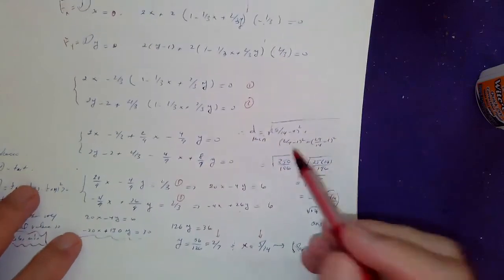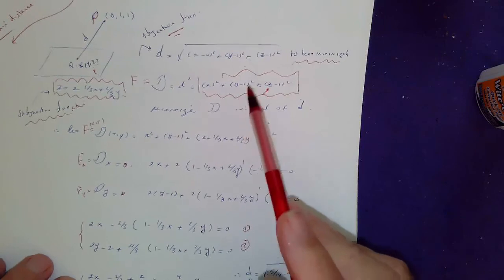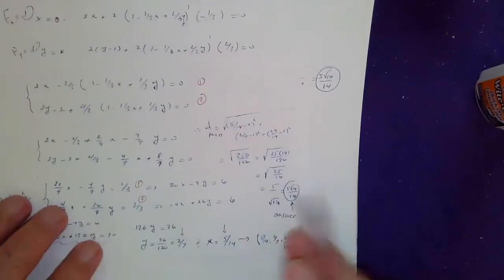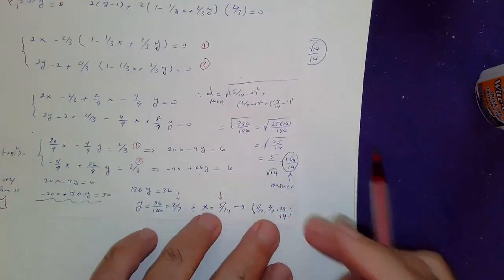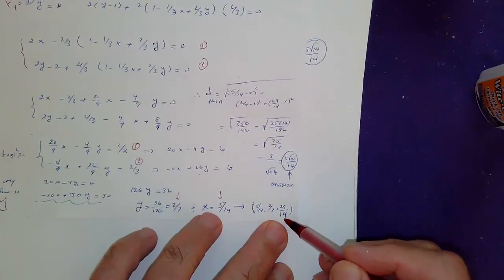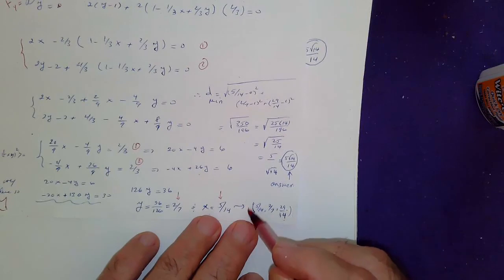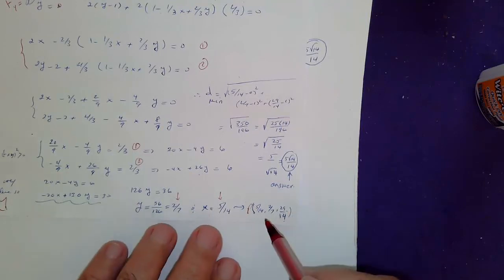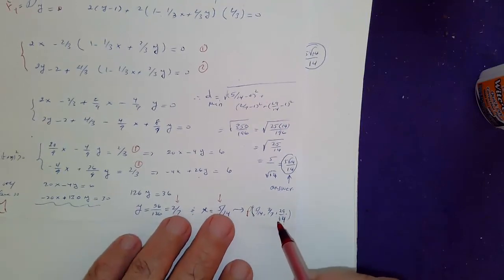Now go back to this function and find the corresponding z value, which comes up to, believe it or not, 29 over 14. So at this point, the claim is the distance will be minimized. But this is not the answer to the question.